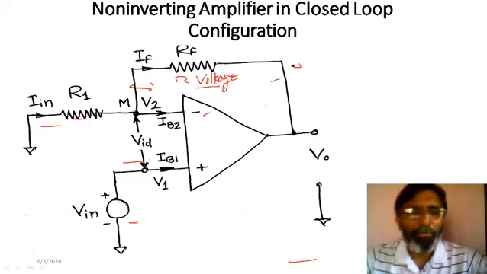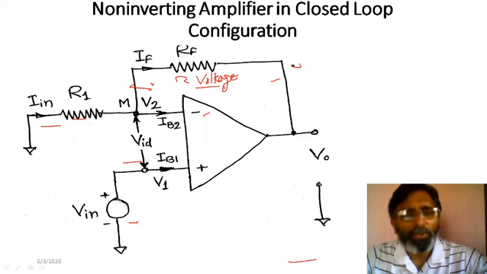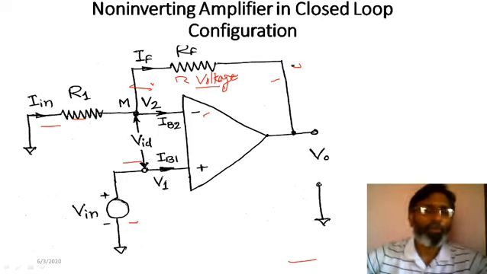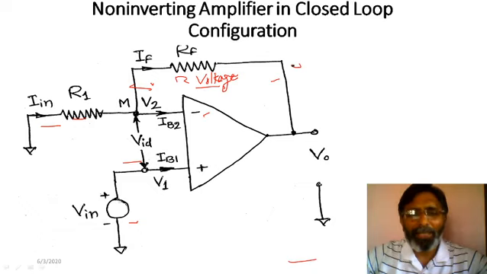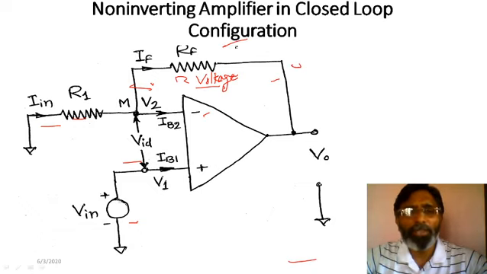So everything is same. We will assume that our op amp is ideal, so its open loop gain is infinite. Input bias currents are 0, input offset current is also 0, input resistance is infinite, output resistance is 0. So if you consider all these things, we can have the solution in the same way.